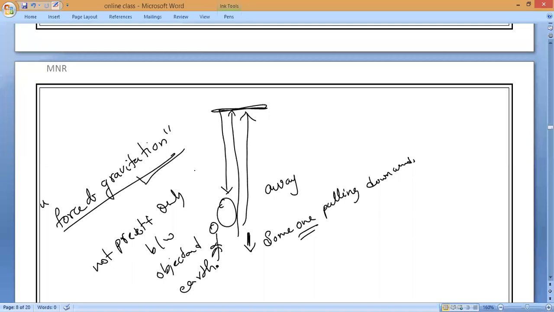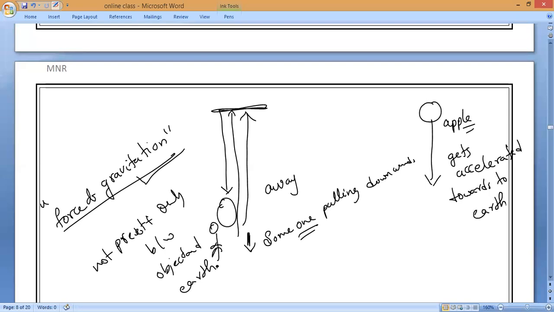Force of gravitation. That is why, whenever the apple fell on his head, he understood the apple always gets accelerated towards the earth.